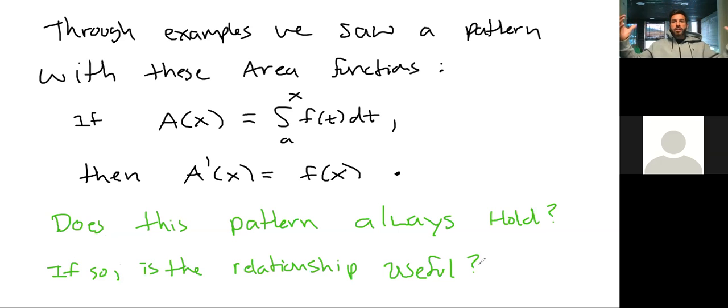So does the relationship exist for every function? And when it does exist, is it just something cool that happens, or does it have practical use? Any comments, questions?